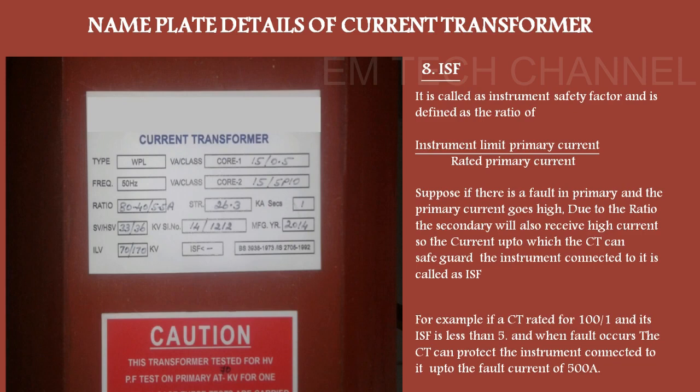If the CT is rated 100/1 and its ISF is less than 5, as the manufacturer defines, then when a fault current occurs, the CT can protect the instrument connected to it up to a fault current of 500 amps. When 500 amps is flowing, the CT will receive up to 5 amps. So up to this 5 amps, the CT can safeguard the instruments and the protection relays connected to it.